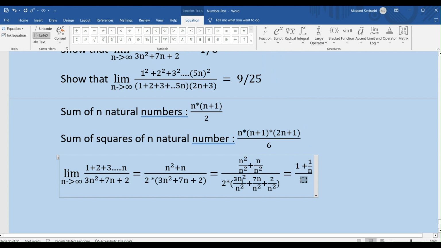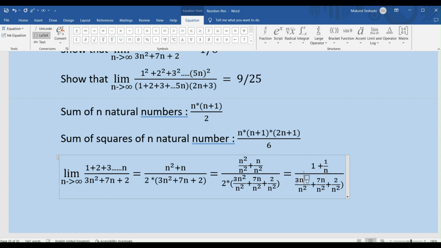And then when I come to my denominator, my n square gets cancelled in the denominator.